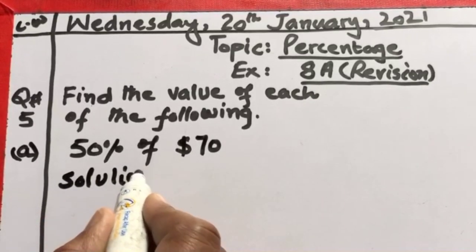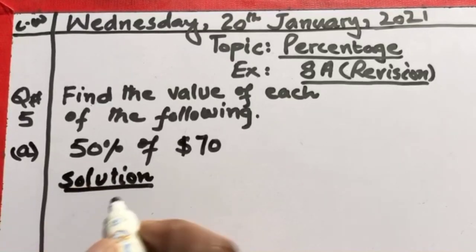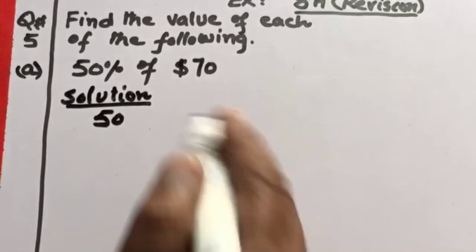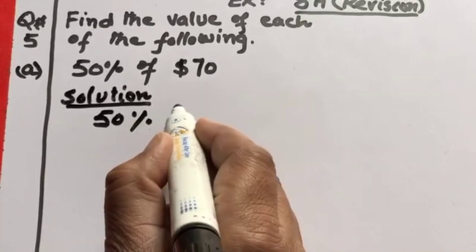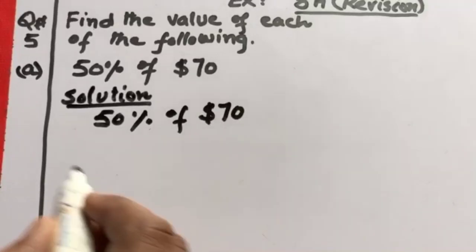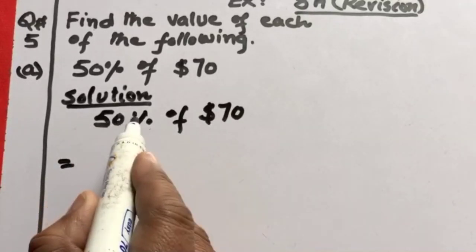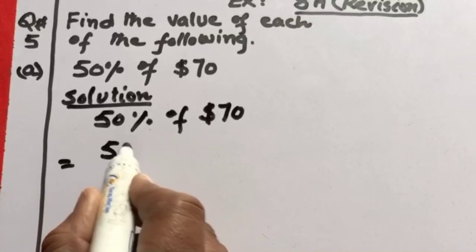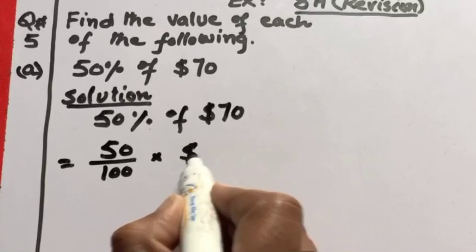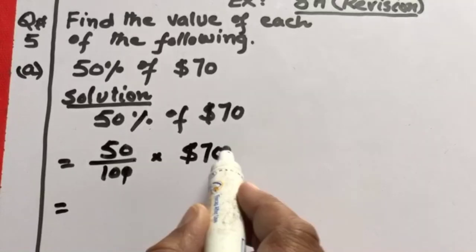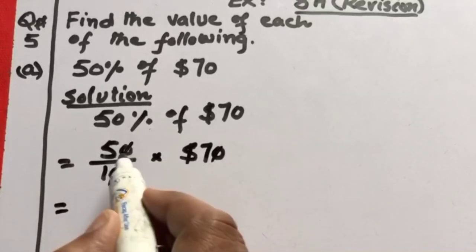First of all, we will write the statement as it is, which is 50% of $70. So we will write the percentage in fractional form. 50% can be written as 50 over 100, times $70. Now we will simplify the given values. 0 will cancel out 0 and this 0 will cancel out this 0.